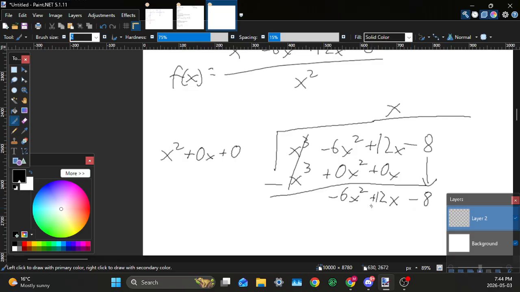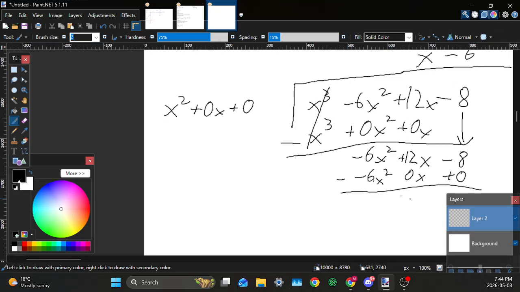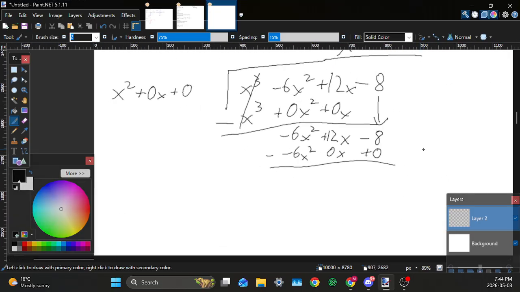We can still fit this into here. We just need to multiply by negative 6 here. Negative 6x squared over 0x plus 0. So these will cancel out. We will get 12x minus 8.